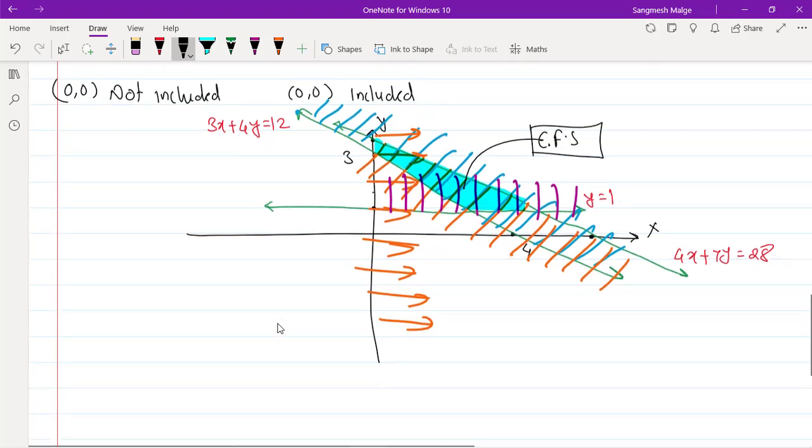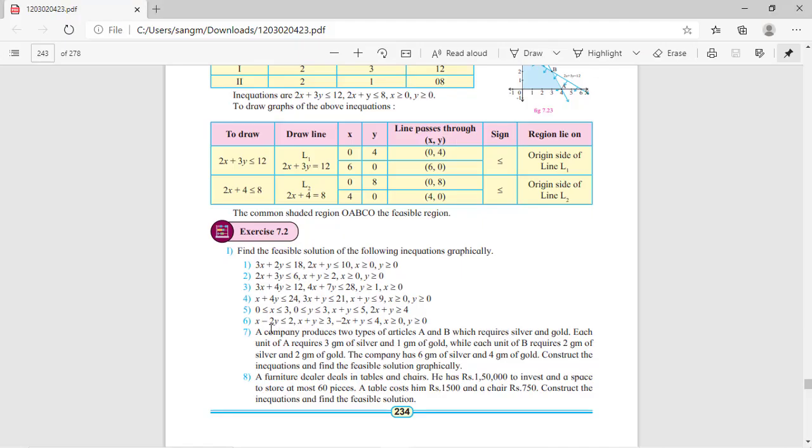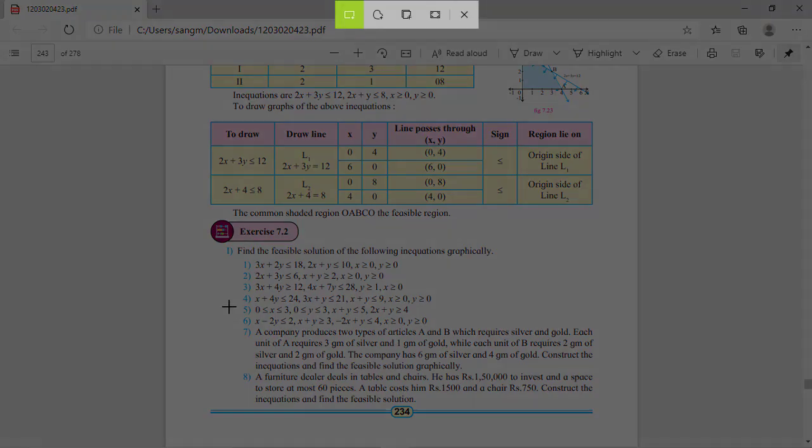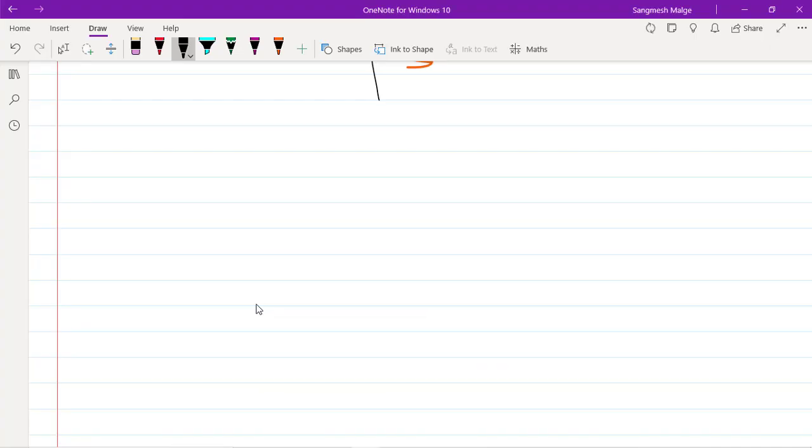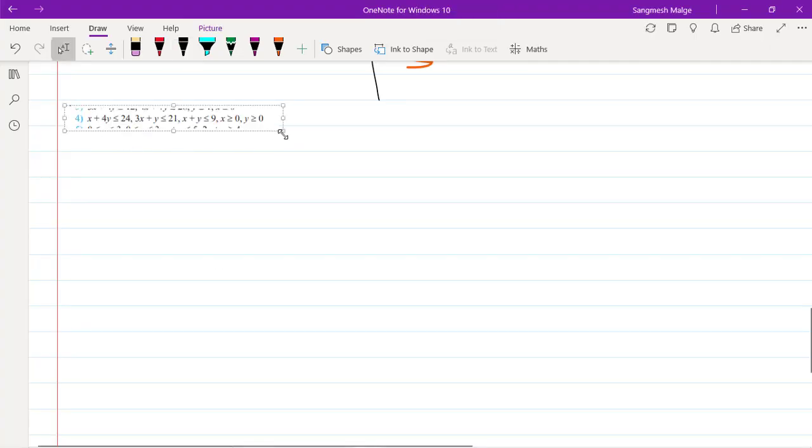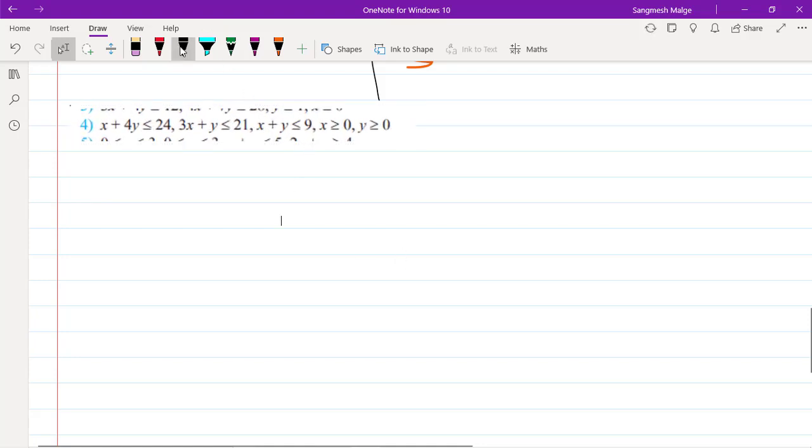Okay, now let's see question number 4. So it says, perfect. Okay, let's zoom it now. Write down the equations as it is.